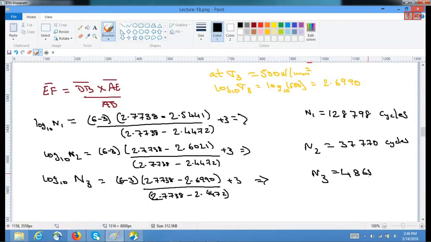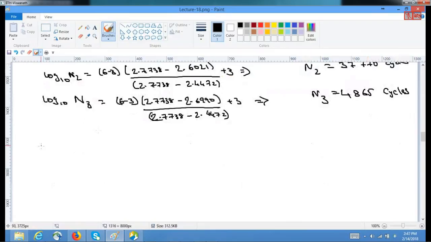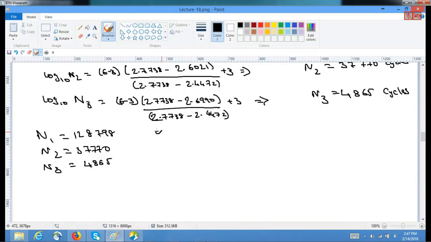Now we have obtained our N1 as 128,798, N2 as 3,770, N3 as 4,865, and we know alpha 1 is 85% of the time, alpha 2 is 12% of the time, alpha 3 is only 3% of the time.